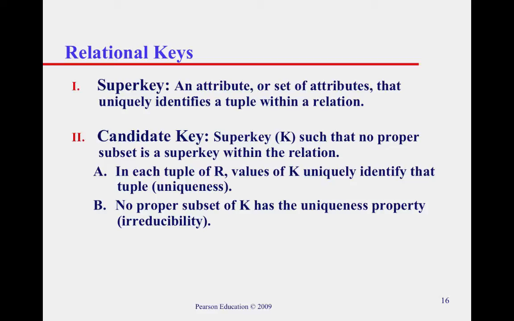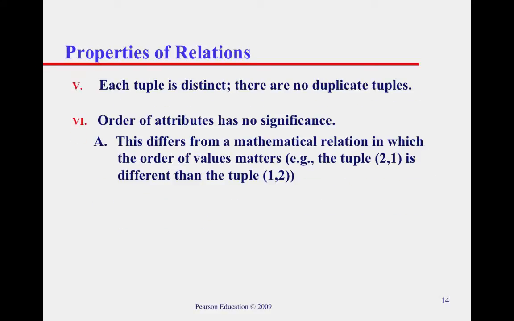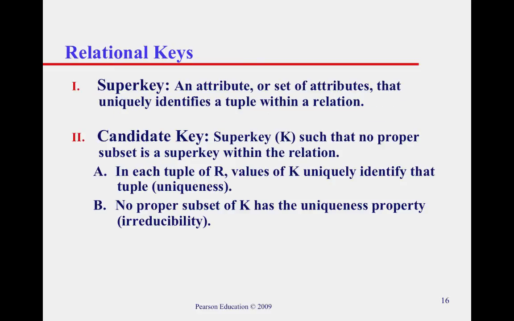Based on what I just said, what is a guaranteed superkey for any relation? The entire set of attributes, because I said that each tuple is distinct.